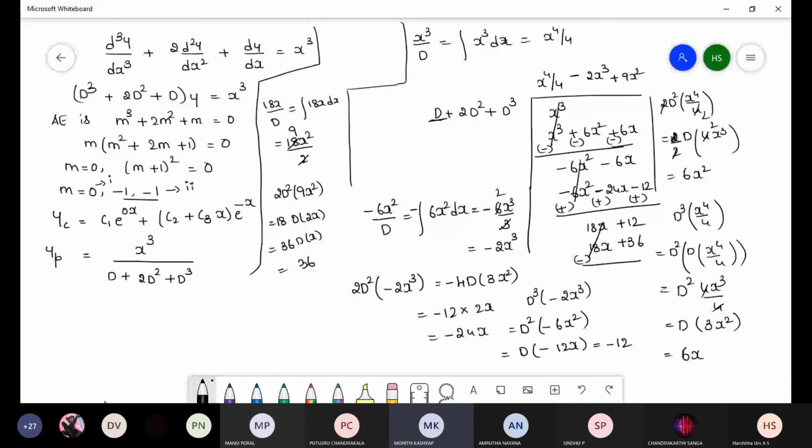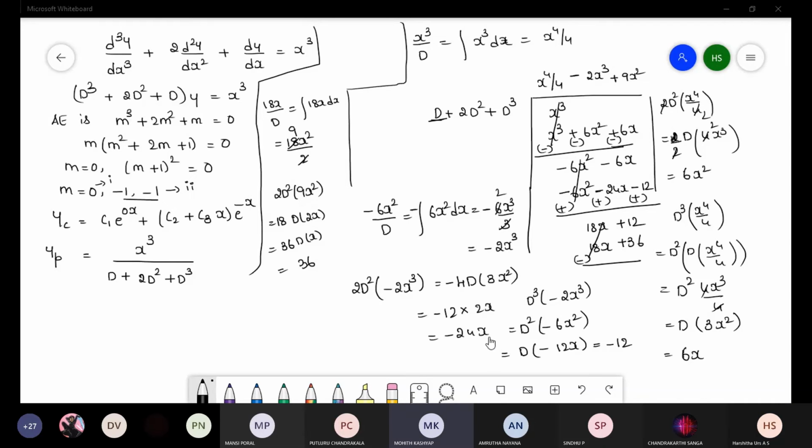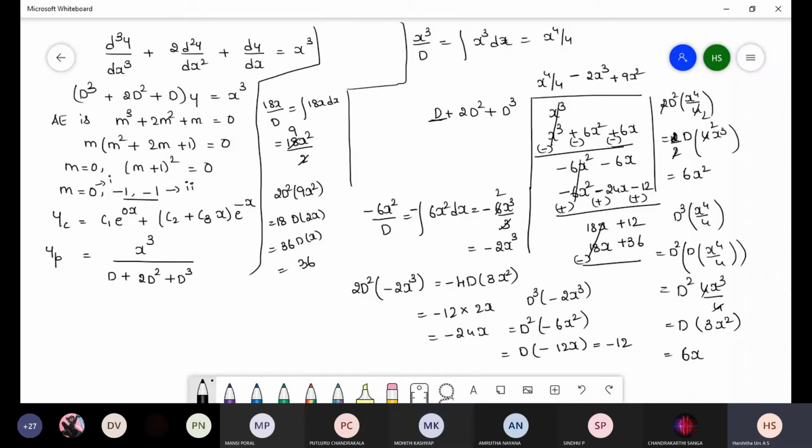Again, change this sign. Again, change the sign here. Next, minus 36 plus 12 is minus 24.